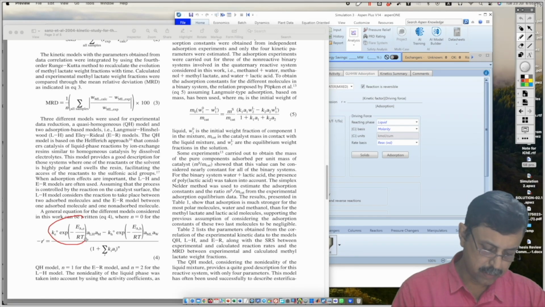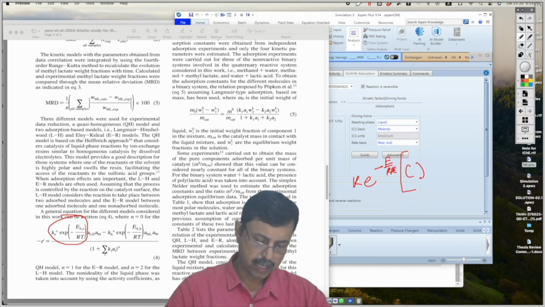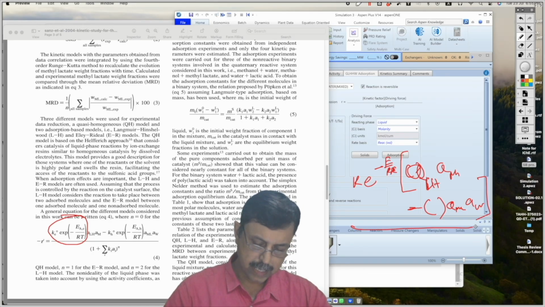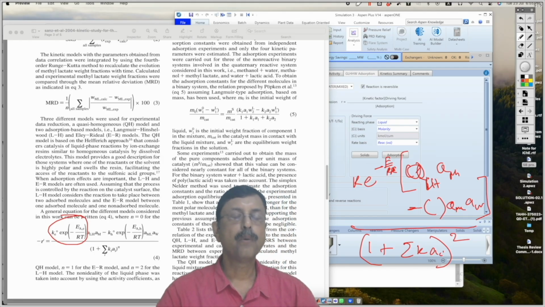This we will take common, then we will have k into exponential e by RT, and then there will be a of LH into a of M minus something into a of ML, a of W, by 1 plus sum K_i a_i, squared. Why is it squared?